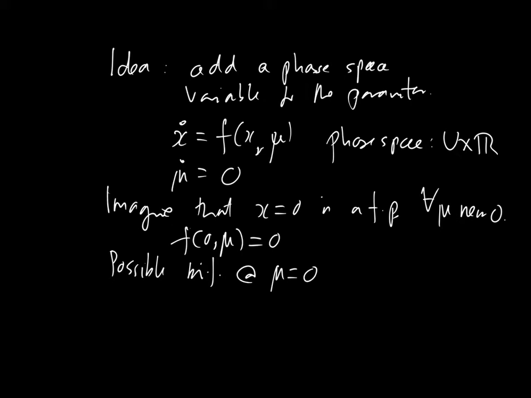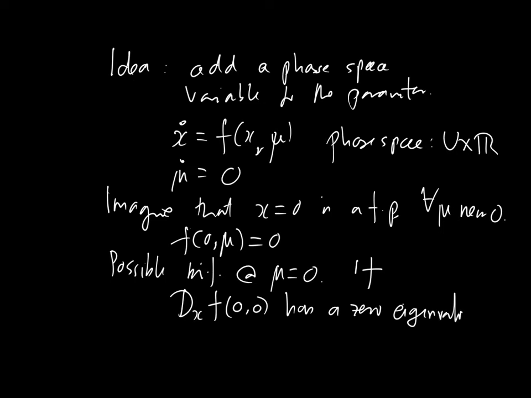So this possible bifurcation will happen at mu equals 0 if d sub x f of 0, 0 has a 0 eigenvalue. So in other words, there's going to be a center manifold. But not just a 0 eigenvalue, it could also have eigenvalues on the imaginary axis. And that's actually when a Hopf bifurcation occurs.